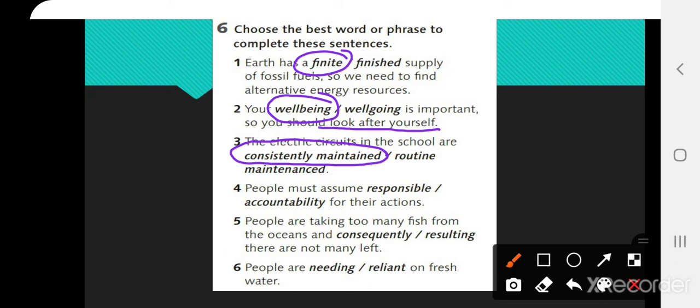It must be accountability. Okay? 5, people are taking too many fish from the oceans and consequently or resulting there are not many left. No, it's consequently. Okay? 6, people are needing or reliant on fresh water. People are reliant on.